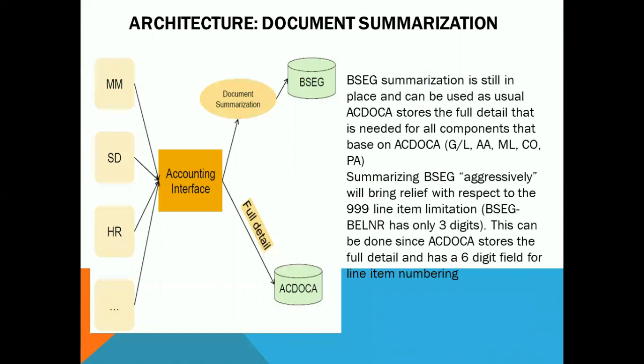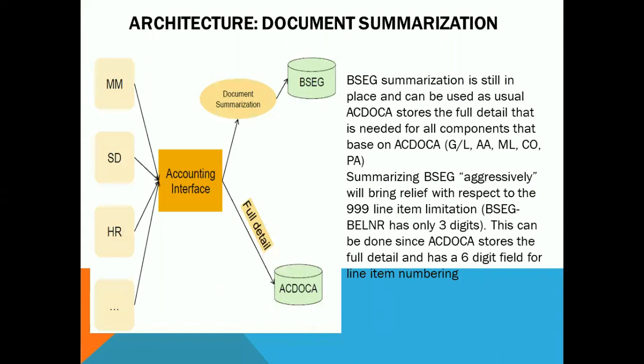And any document, whether it is from Material Management, SD, or HR, any integrated modules that affect the accounting interface. As I told you yesterday, there are some MM modules at the time of goods receipt and invoice verification.